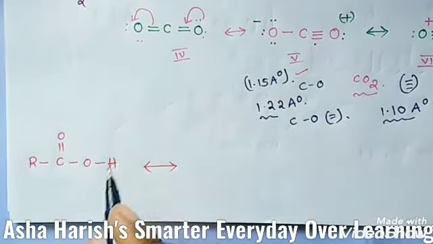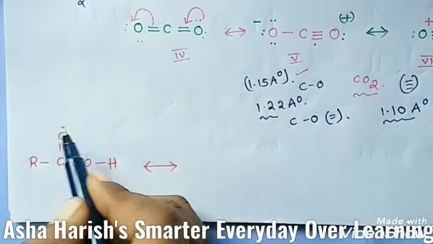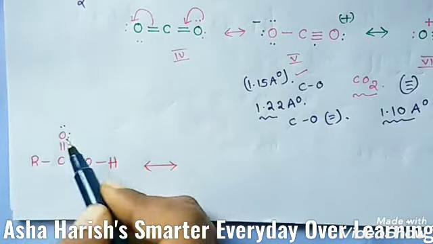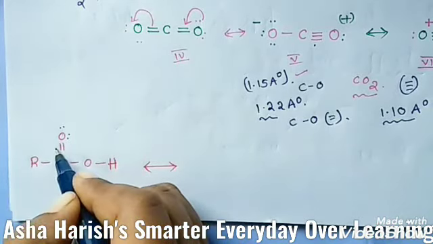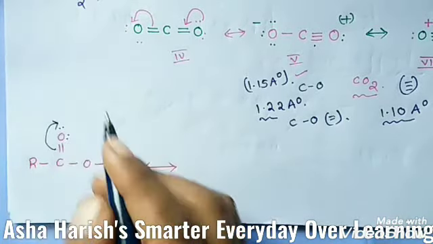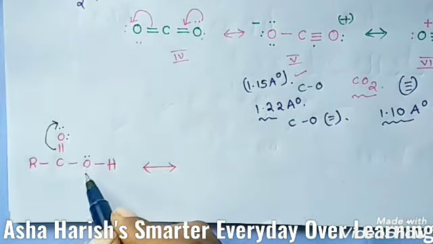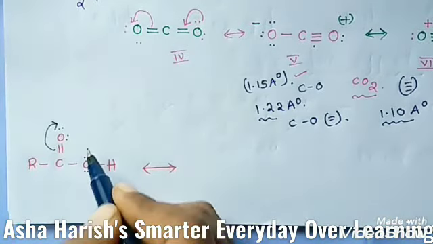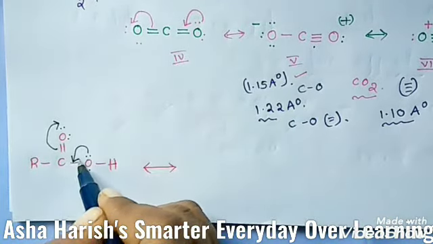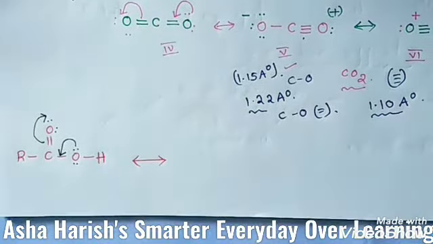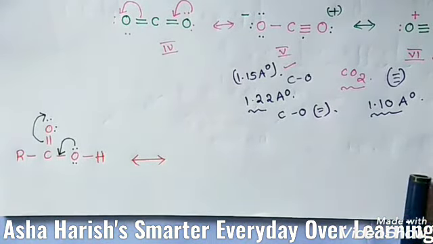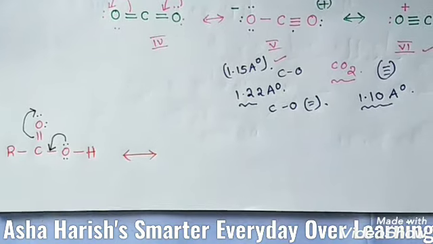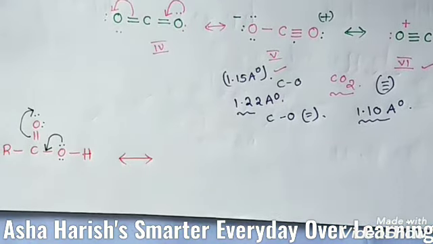This is the carboxylic acid structure, and on this oxygen there are two lone pairs of electrons. Suppose there is a shifting of these electrons like this, and here also two lone pairs, with a shifting of this electron like this. Okay, then what should happen, students? You can say clearly by seeing this shifting of electrons.